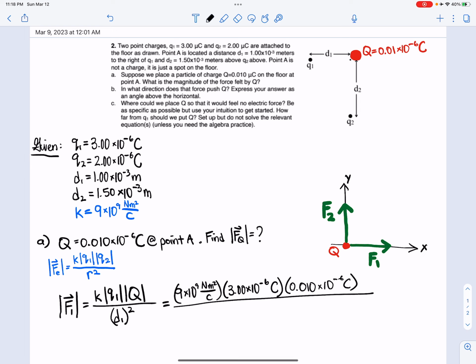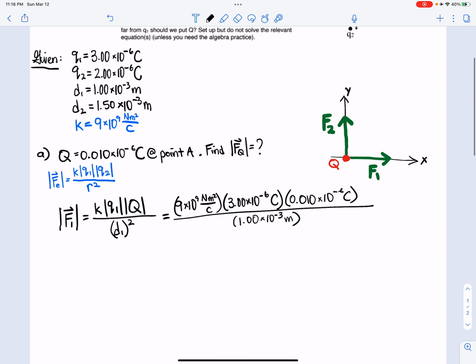And we divide that by D1, which is 1 times 10 to the minus 3 meters, squared. All right. Plug that in your calculator. You will get that the magnitude of force due to Q1 felt on capital Q is equal to 0.27 newtons.